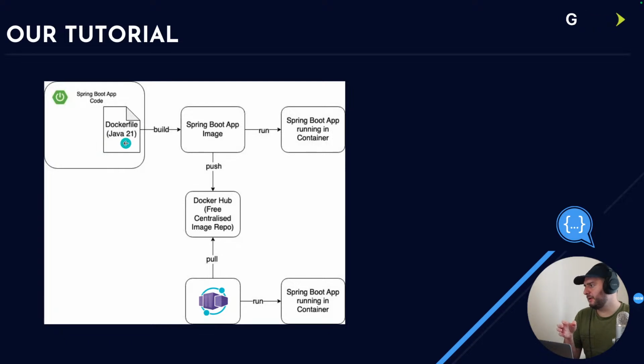We'll create a Dockerfile for that Spring Boot application, and then we will build the image, run the image in a container, and then we will also push that image into a centralized repo, which is Docker Hub.